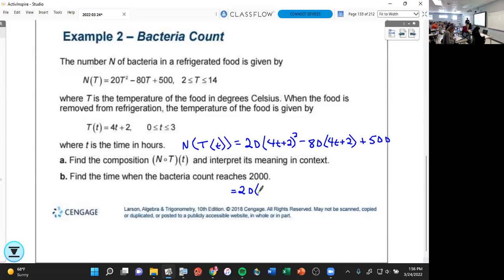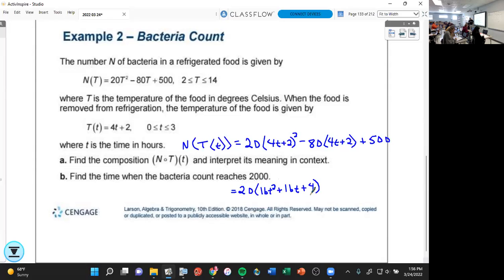First times first. Plus outside times outside. Inside times inside. 8t plus 8t. 16t plus last times last.